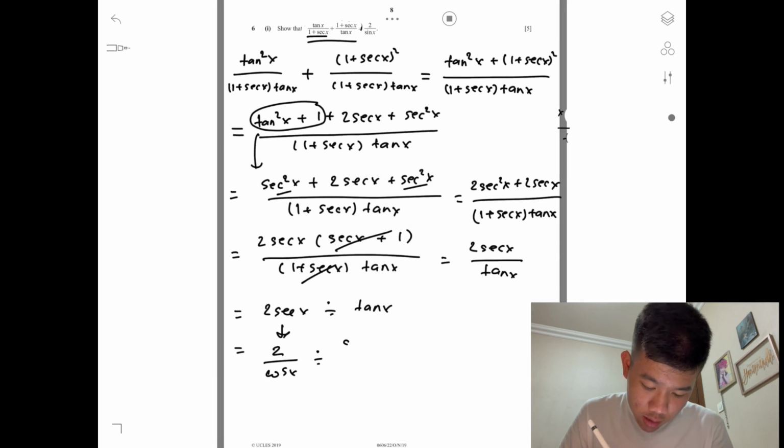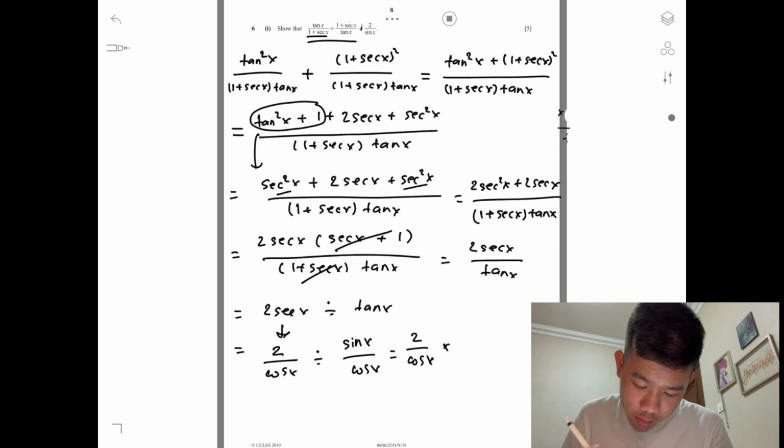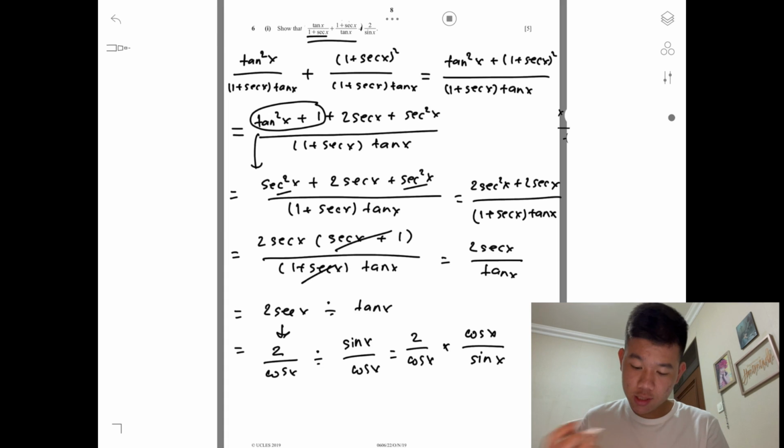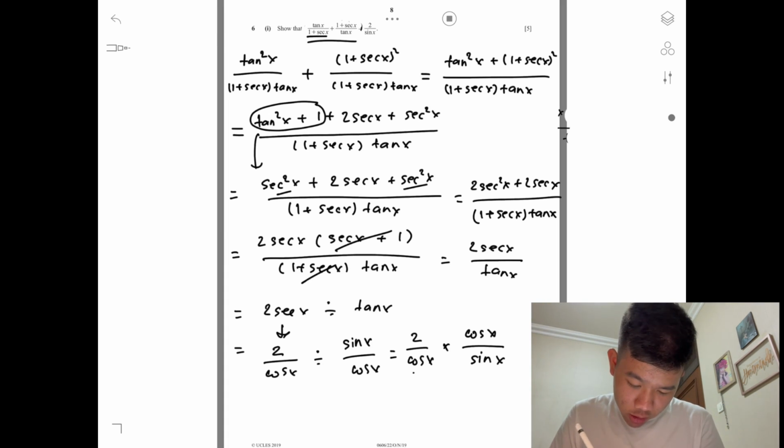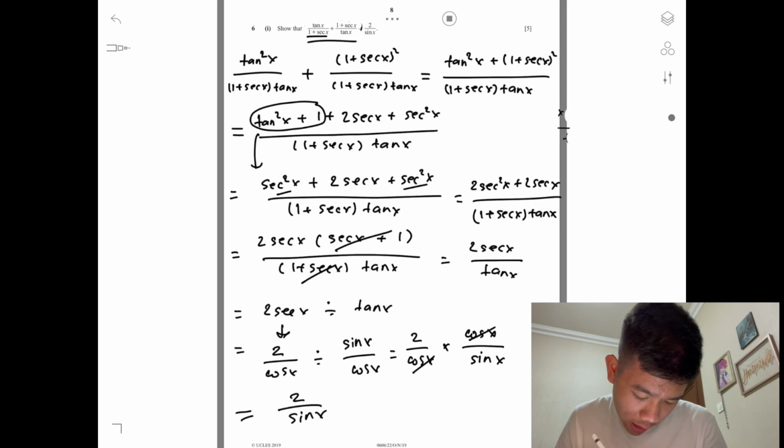Tan x is sin x over cos x. Then we'll just change it to multiplication. So 2 over cos x times cos x over sin x. Since it's multiplication, just turn it upside down. Then we can cross out the cos x and we get here 2 over sin x.